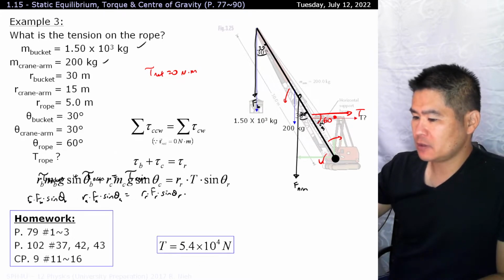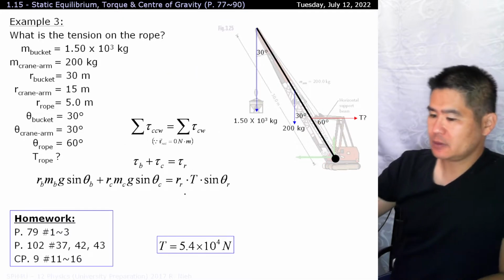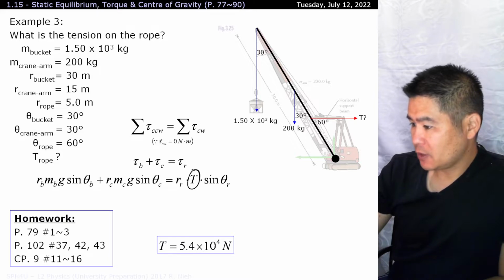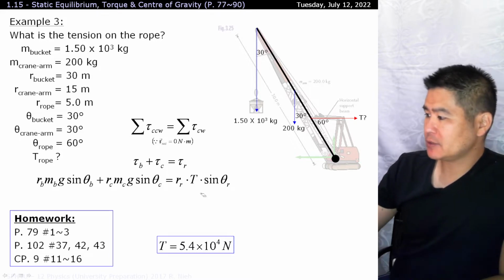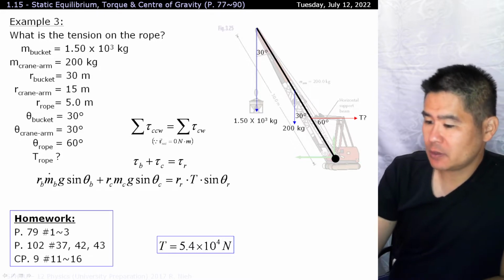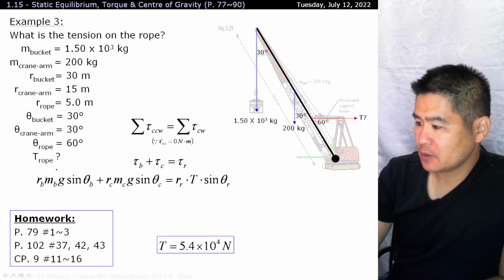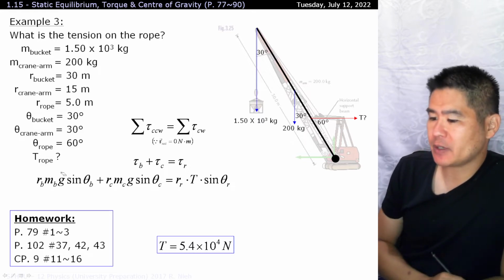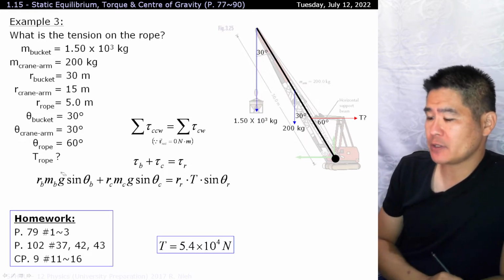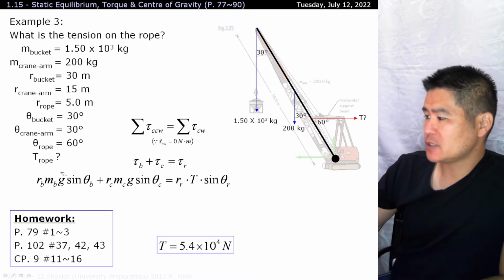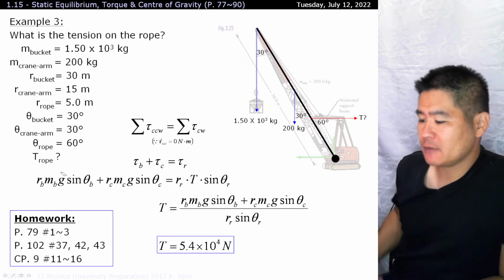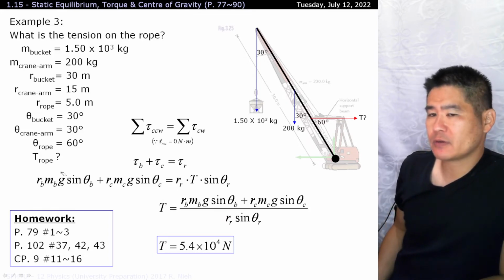There you go. Okay, all that stuff over here, and eventually we're just trying to look for the tension of the rope, and that's it. Okay, so yep, that's the force of gravity over here. So that's why you have the mass of the bucket times gravity. So gravity does matter in this question. Okay, so you sub all the values in, you carefully isolate and solve for tension, and you can find out the corresponding tension of the rope for the crane.